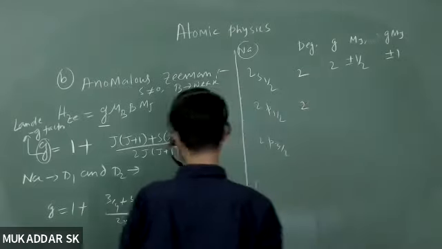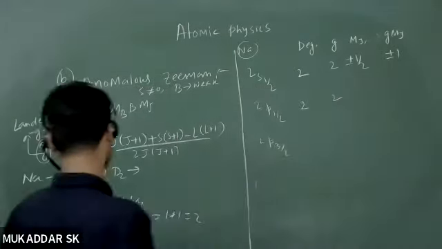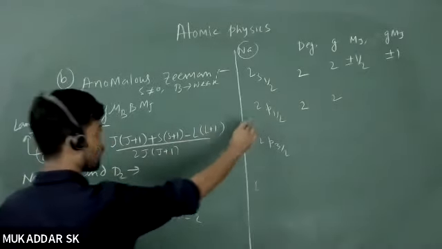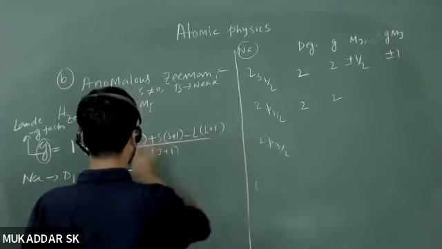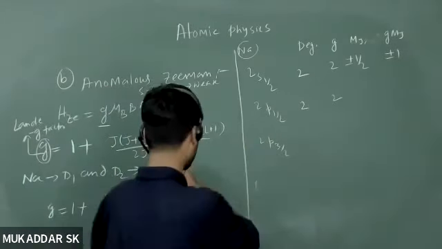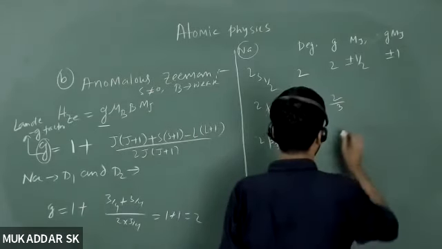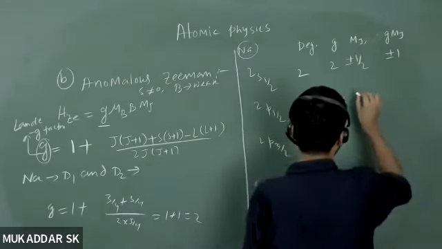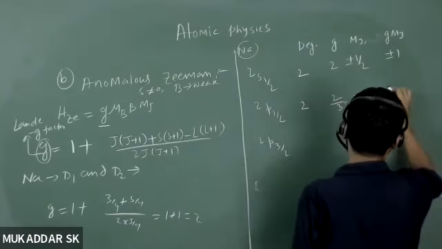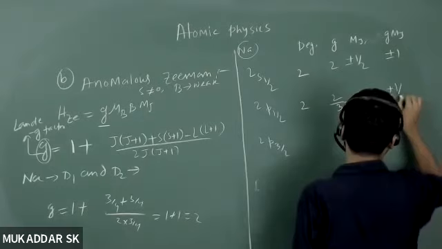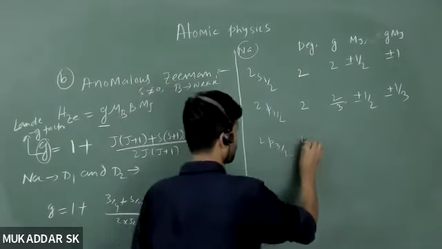You calculate g from this formula, because here S is half, L is 1, J is half. If you calculate from this formula, you will get 2/3. Again mj is plus or minus half, so g·mj will be plus or minus 1/3.